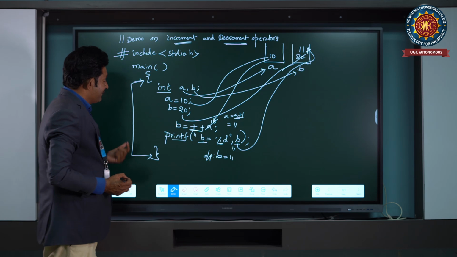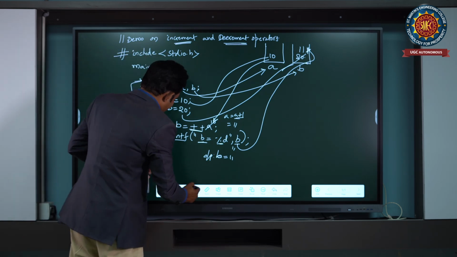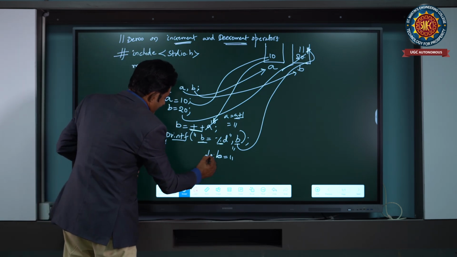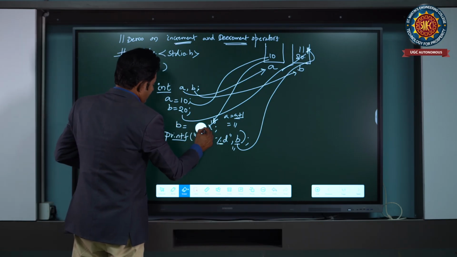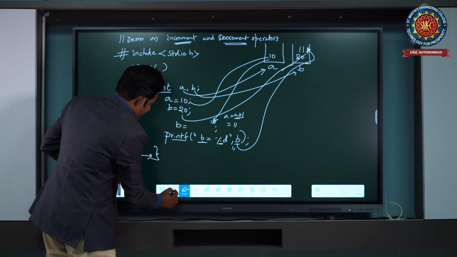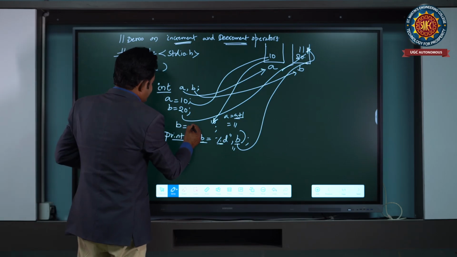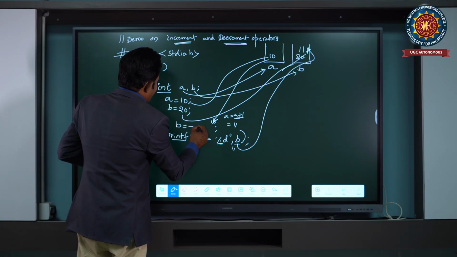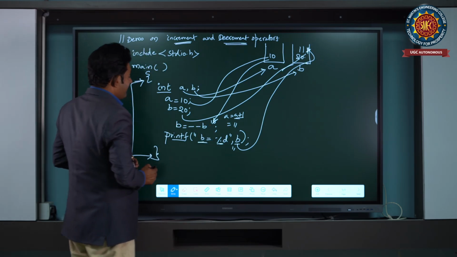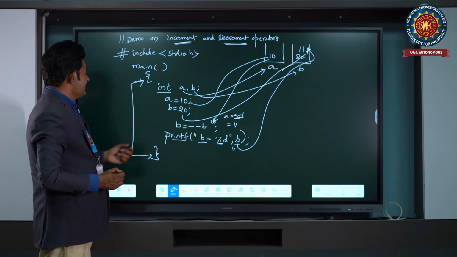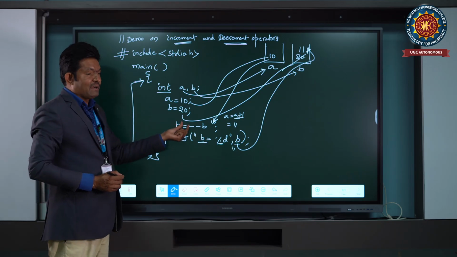Sir, what about the decrement value? So now again I will write the code. b is equal to minus minus b. Sir, what is b is equal to minus minus b?